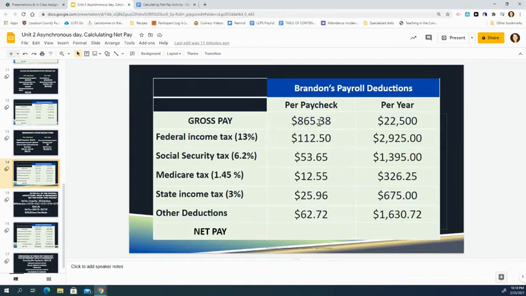So the gross pay for every 2 weeks is $865. He pays $112.50 for federal income tax, $53.65 for Social Security, $12.55 for Medicare tax, $25.96 for state income tax, and then his other deductions of health insurance and retirement are $62.72.